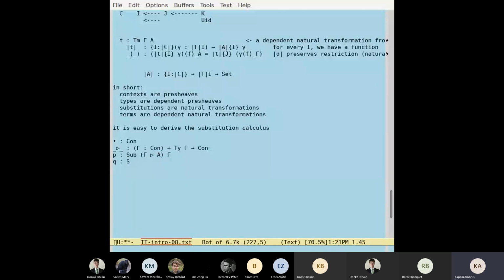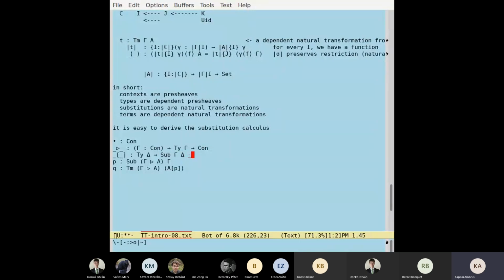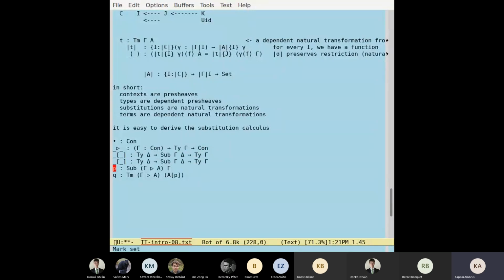We need the q term, which goes from gamma A to A p. And oh yeah, first I should have written, we need substitution as well, right? So a type in delta, substitution from gamma to delta, then I get a type in gamma, and we also need substitution for terms, sigma. Okay, and we have all the equalities, and these are all very easy.